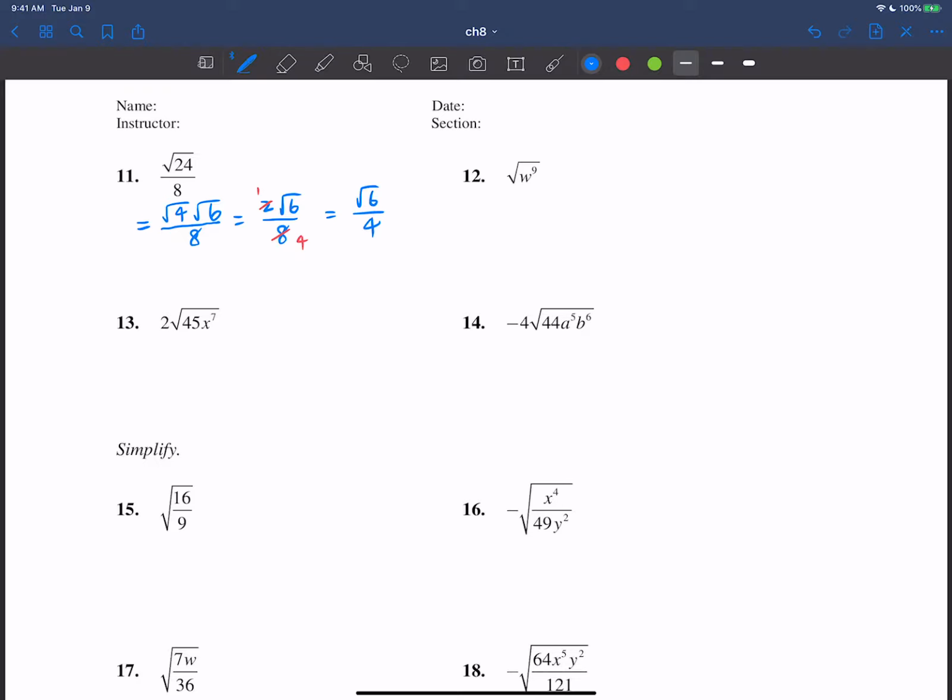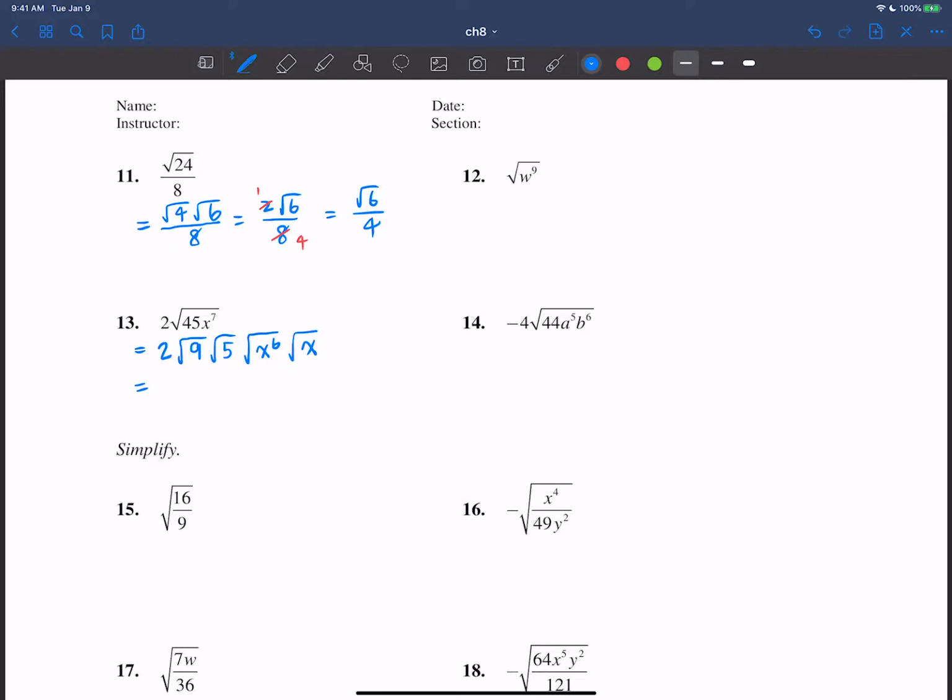Number 13. 2 radical 45x to the 7th. Same idea. Since 2 is outside, you leave it alone. Radical 45, I will rewrite that as radical 9, because 9 is a perfect square, and radical 5. 9 times 5 is 45. For the variable part, it's x to the 7th. I will break 7 into 6 plus 1. So I have radical x to the 6th and radical x.